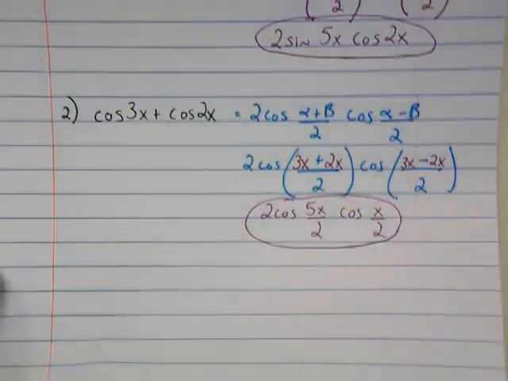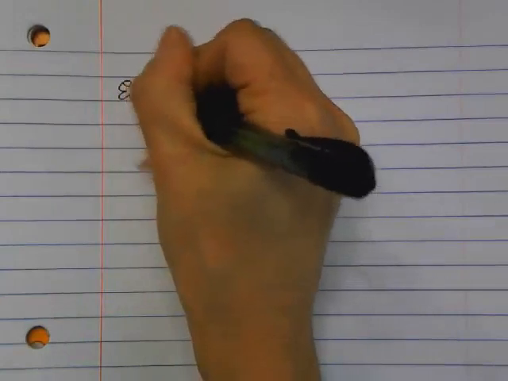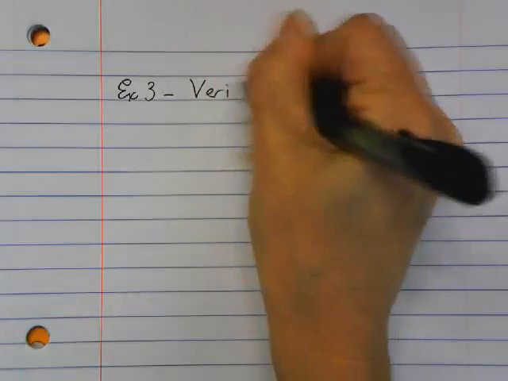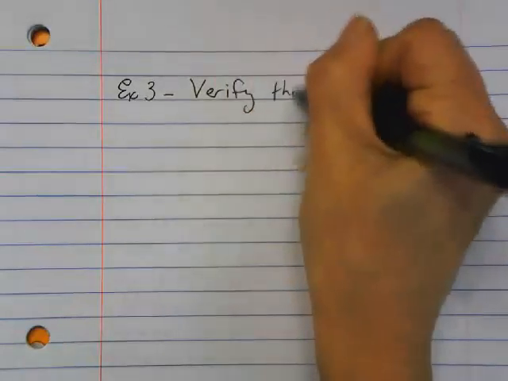Alright, so let's do everybody's favorite, an identity. And then, like I said, I'm going to actually cut this a little bit short so that you can work on some identities at home as well, and then we'll finish up in class tomorrow. Example 3. Verify this identity.